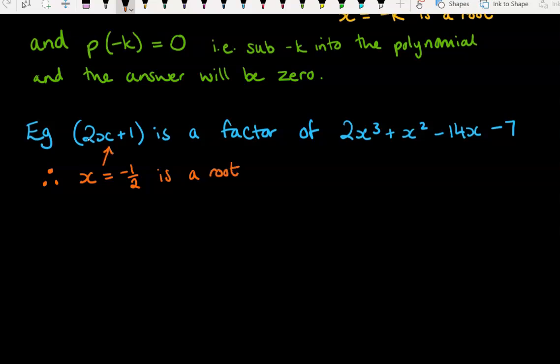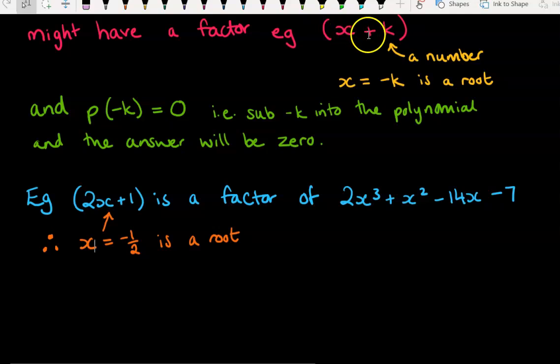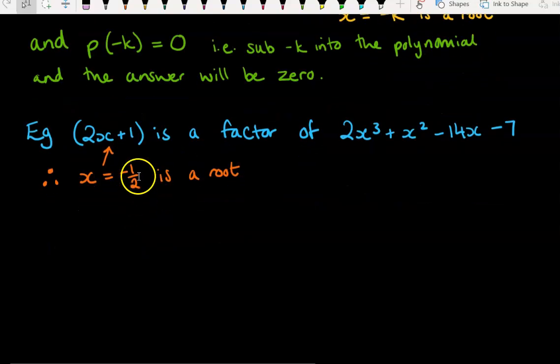Set that bracket equal to 0, and you've got what your root is. This was the same as what we were looking at just up here. x plus a number gives us x equals minus k as the root. Same thing here. So if we substitute in minus a half into our polynomial here, it will give us the answer of 0 because this was a factor.